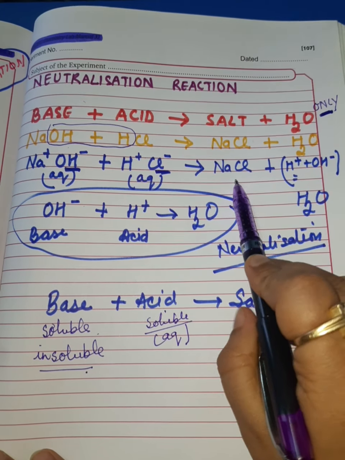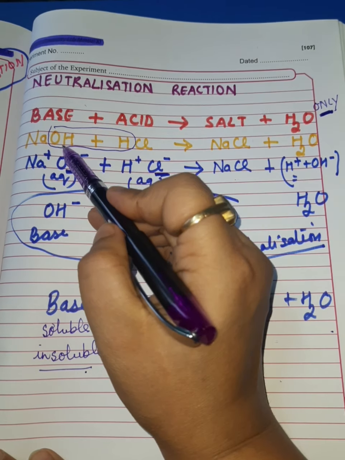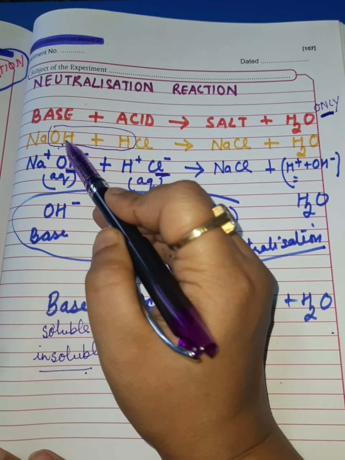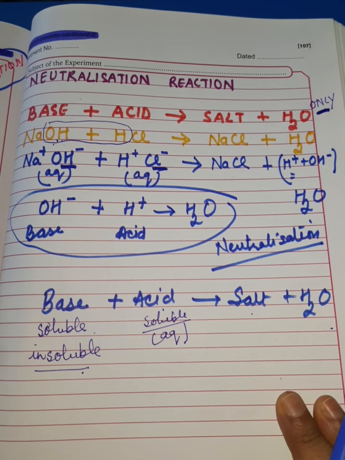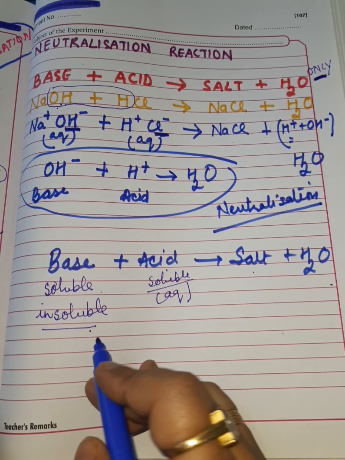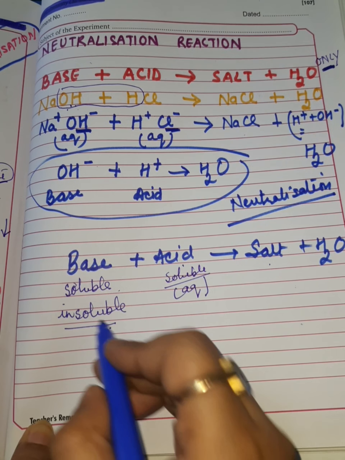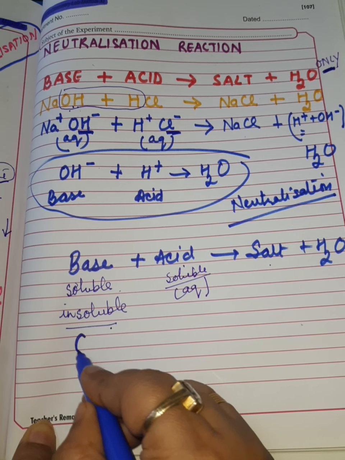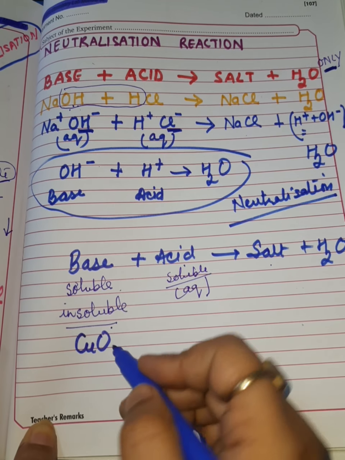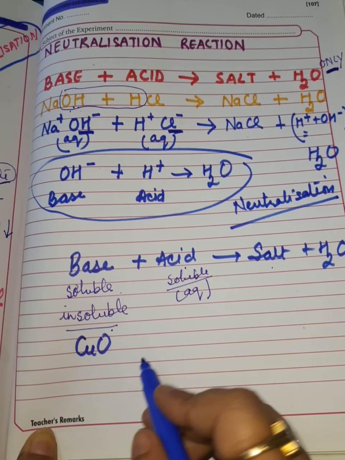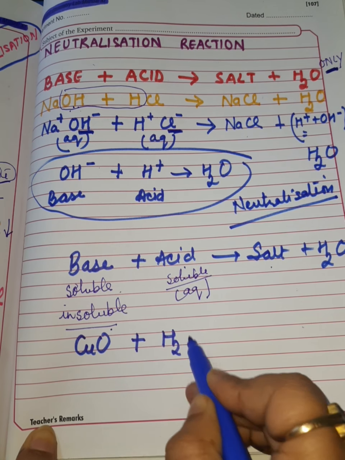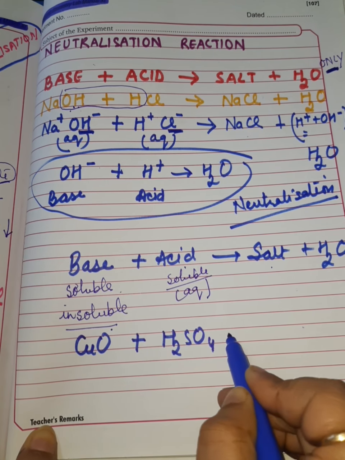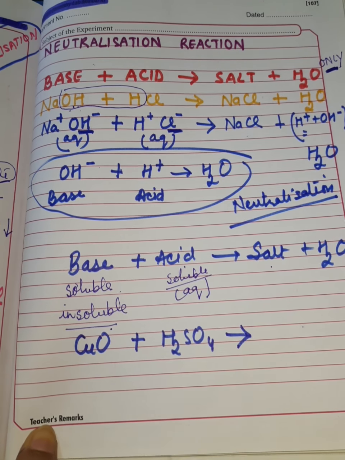Now the example which I taught you, the base which was taken is a soluble base. Now I will tell you one example of a base which is insoluble. Suppose I take an insoluble base, copper oxide, CuO. Now this insoluble base reacts with an acid, I will take H2SO4.